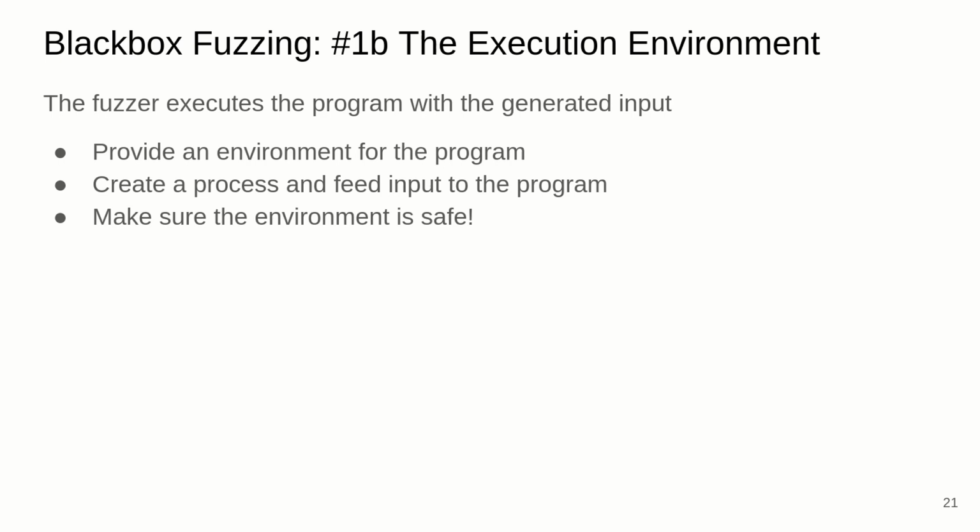So the fuzzer needs to provide an environment, and ideally when you trigger a bug, it will not destroy your whole environment. So for example, a program could randomly delete all the files, which would be very bad if the fuzzer does not run the target program in, for example, a Docker container or whatnot. So the execution environment usually creates a process, maybe of a different user, maybe not, and then feeds the target the newly generated input to the program. Then make sure that the environment is safe.